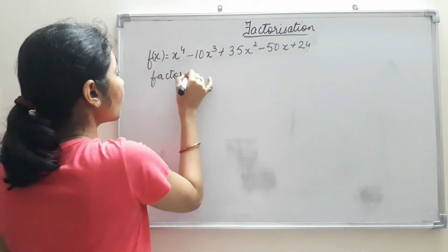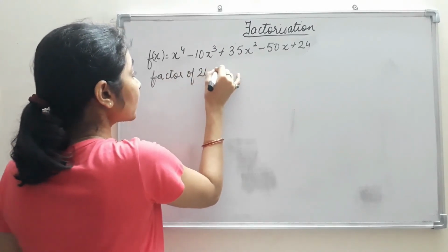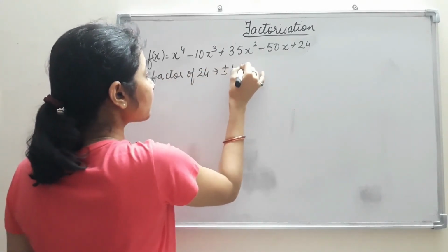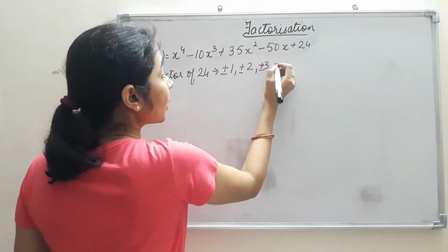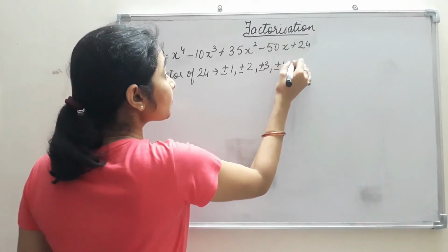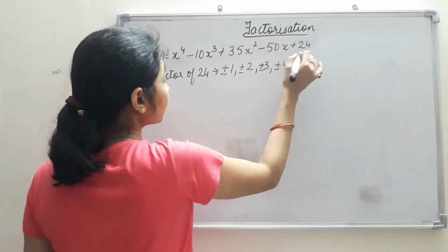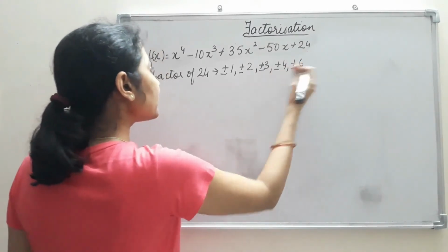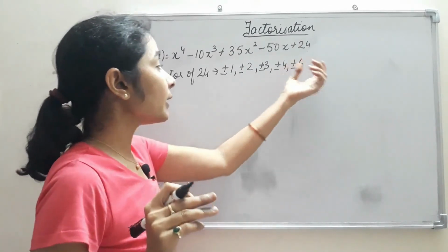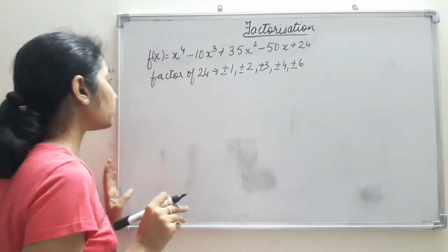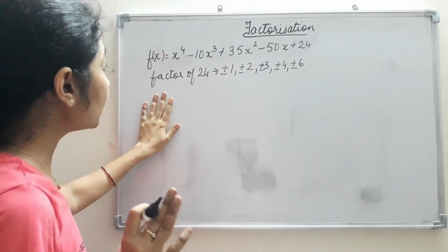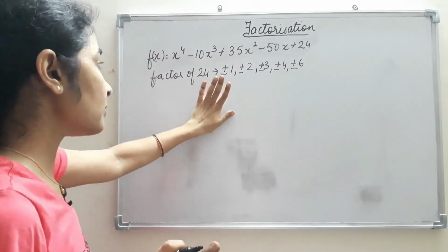Factors of 24, they can be plus 1 minus 1, plus 2 minus 2, plus 3 minus 3, and plus 4 minus 4, plus 5 we can't have, 6 minus 6, like this it goes on, plus 8 minus 8, plus 12 minus 12, like that it can go on. Okay, now we will try with the smallest one, and that is 1.